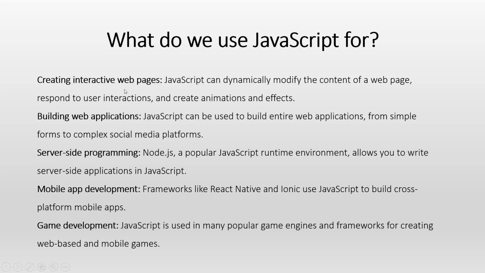Here you can see JavaScript can dynamically modify the content of the web page, respond to user interactions, and create animations and effects. Next, building web applications and server-side programming. With the help of JavaScript, we can develop the front end, and at the same time we can also create backend applications.